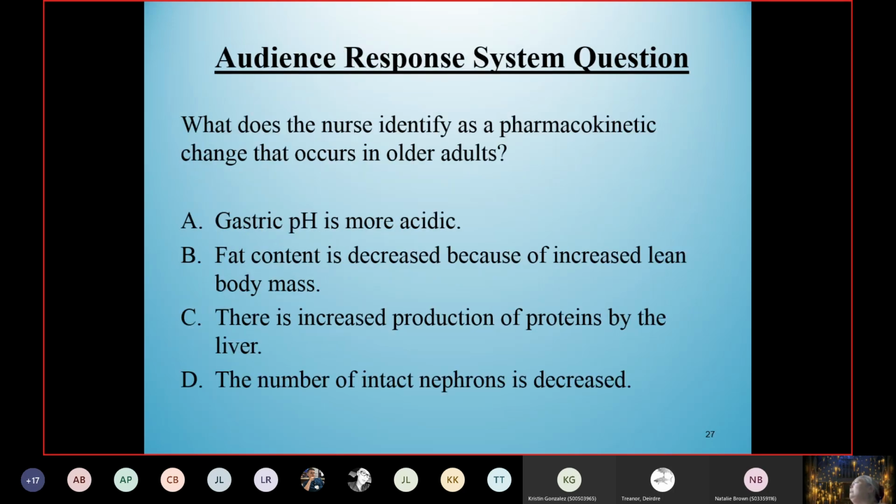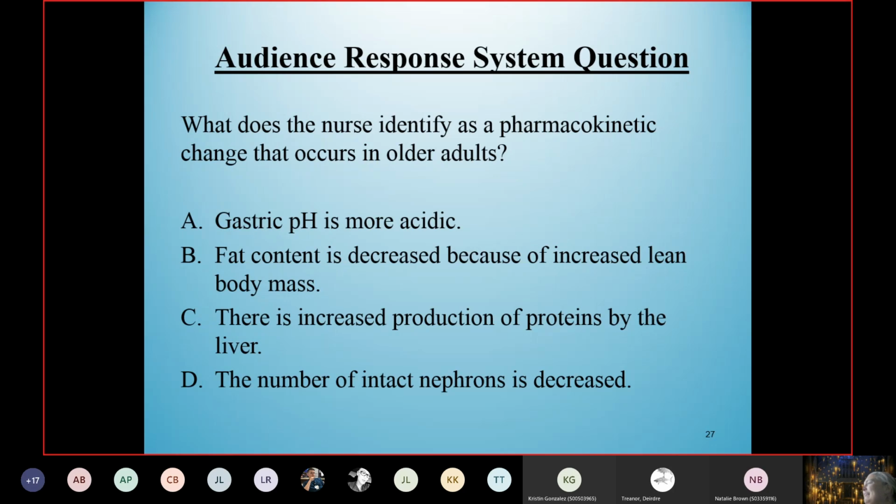All right, what does the nurse identify as a pharmacokinetic change that occurs in older adults? A, gastric pH is more acidic. B, fat content is decreased because of increased lean body mass. C, there's an increased production of proteins by the liver.